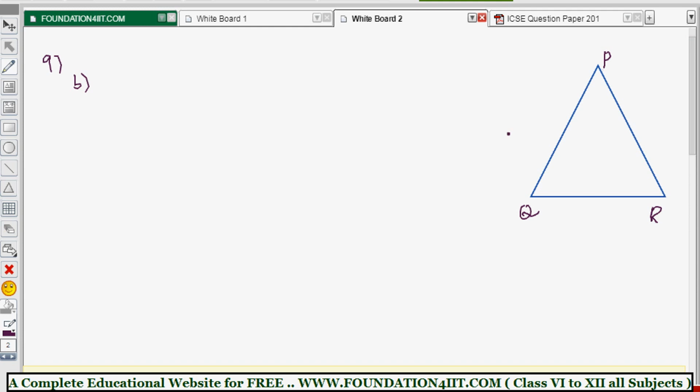MN is parallel to QR, so we'll take one line MN. This is parallel to this.